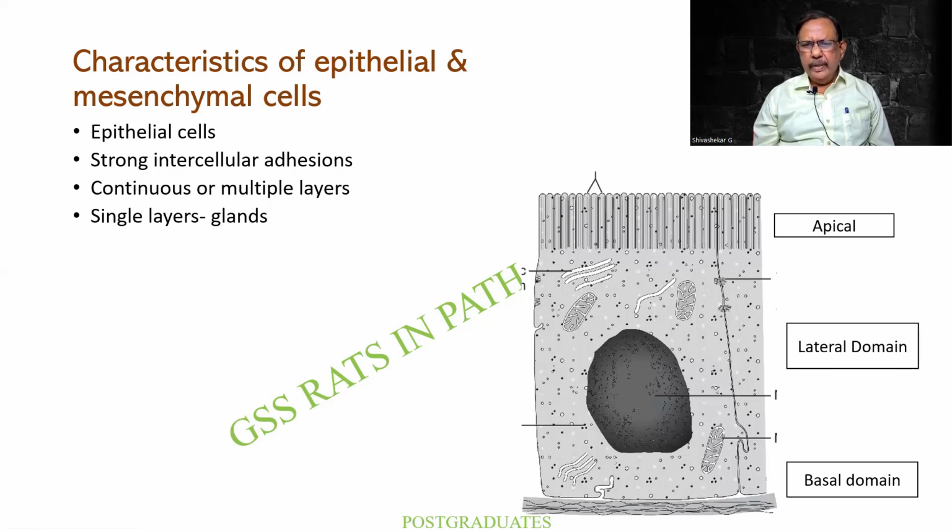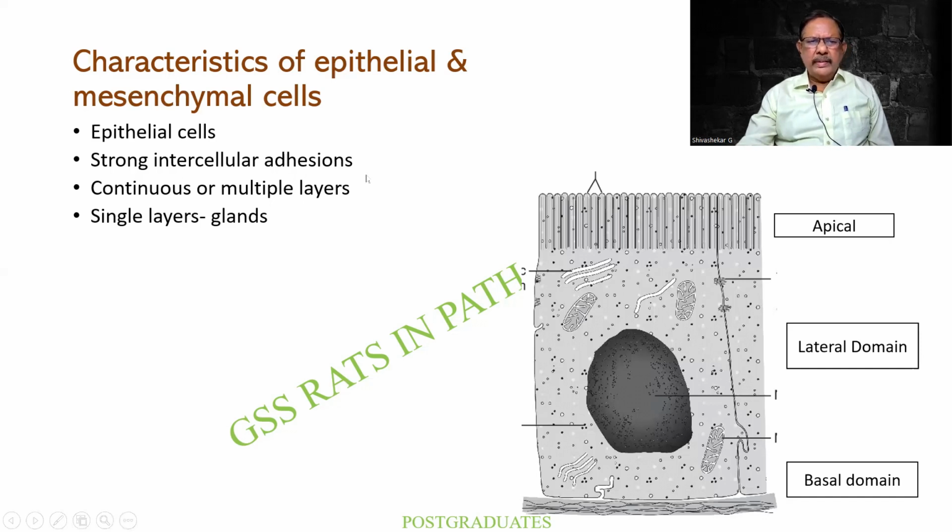The basal domain rests on the basement membrane, and it is here that the interaction between the underlying mesenchyme and the epithelial cell occurs. The lateral domain, as we shall see in subsequent pictures, forms tight junctions with neighbouring cells. The apical component is meant for either secretory or absorptive function. That is why you have multiple microvilli which increase the surface. Fine.